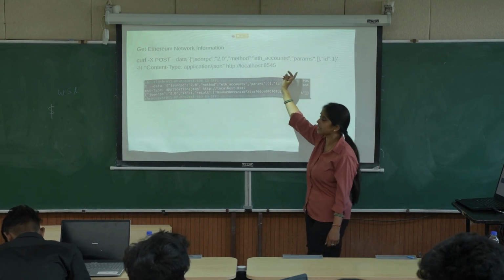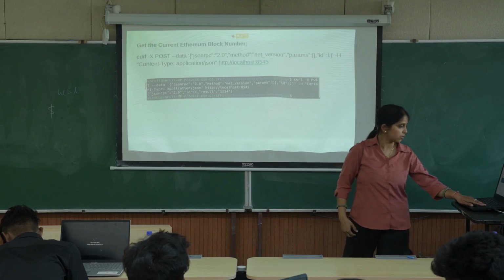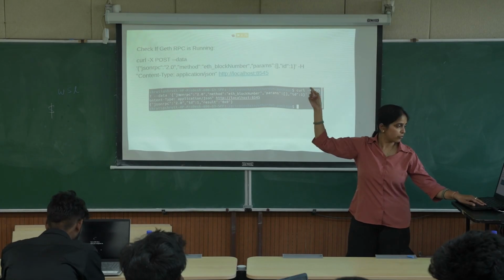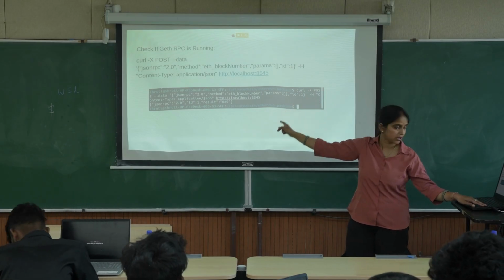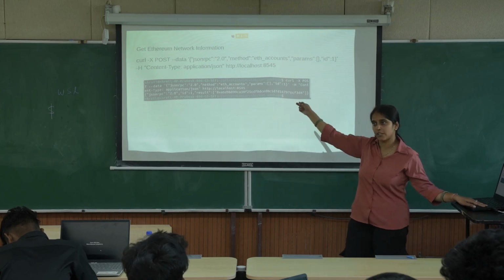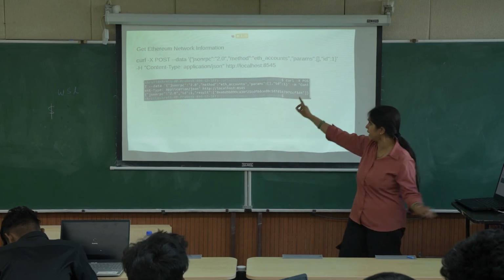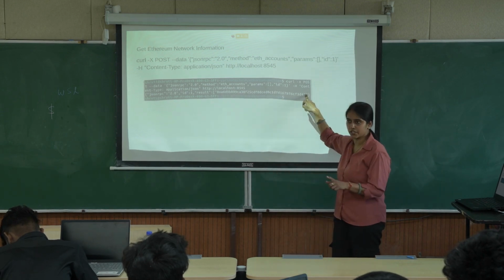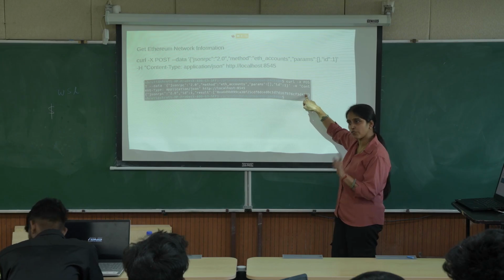Here we are changing to eth_accounts right now. Previously the method was net_version, and before that it was eth_blockNumber. So whatever we want in curl, we tell in its method only. Here you can check, this is the public address of your account.